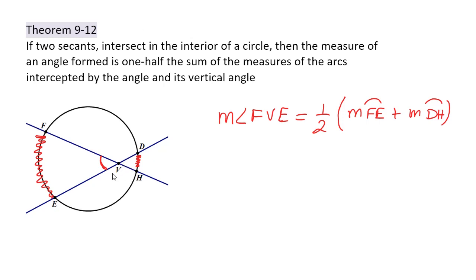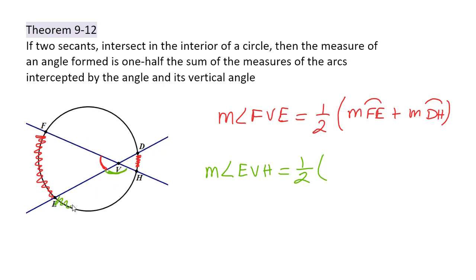So what if instead I chose this angle over here? The measure of angle EVH. Then that's related to 1/2 the sum of the measure of the arcs intercepted by that angle.